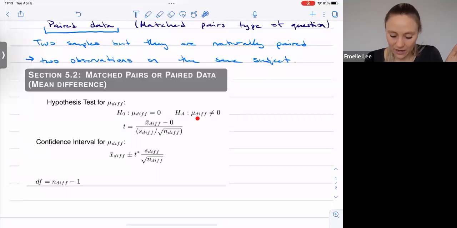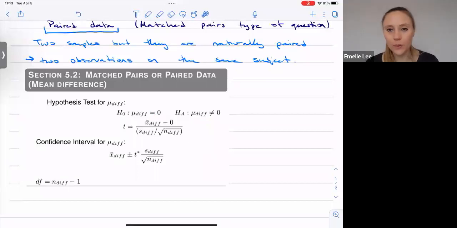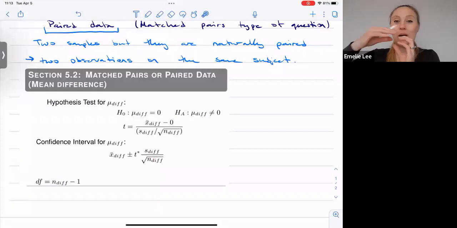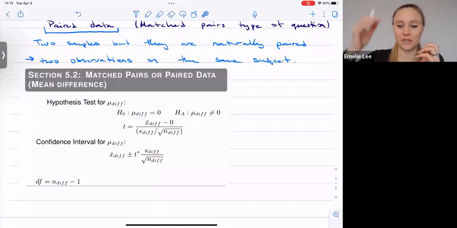And our alternative is that the mean diff is not equal to 0, or less than or greater than. I think we saw an example where we wanted to show if one was less than the other, then we have to think about whether we'll have a negative or a positive. But after that, our calculations are the exact same as in a one sample mean situation, because now you have one sample of differences.